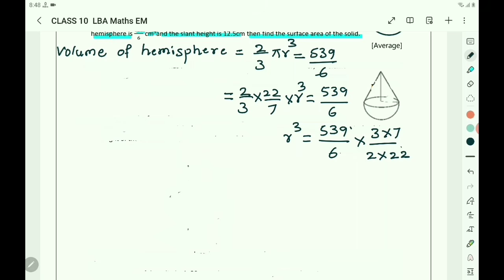Here 9 plus 3 is 12, 12 plus 5 is 17, so it is not divisible by 3. Then here you can cancel. 3 ones are 3, 3 twos are 6. Then you write r cube equals 539 into 7 by 2 into 2 into 22.